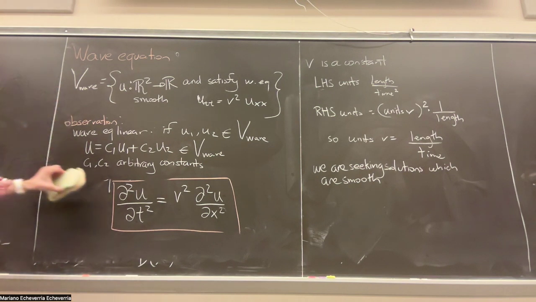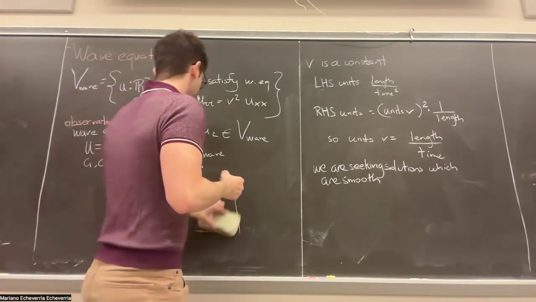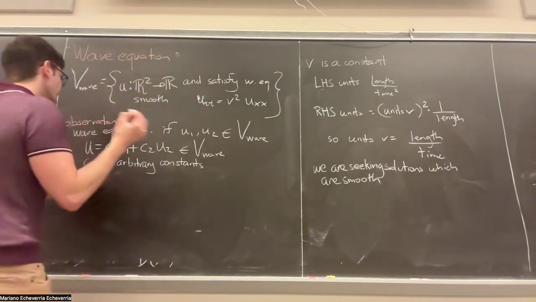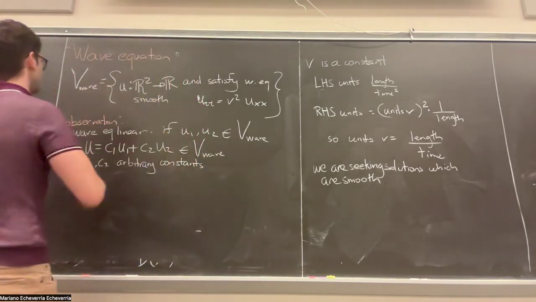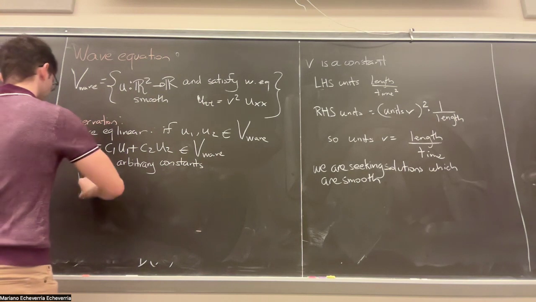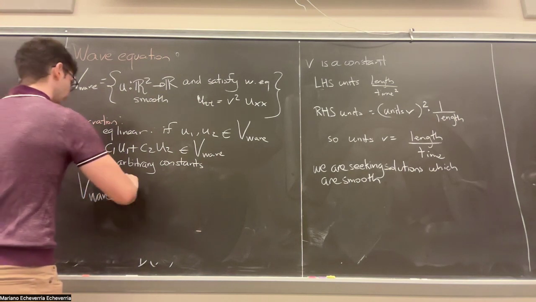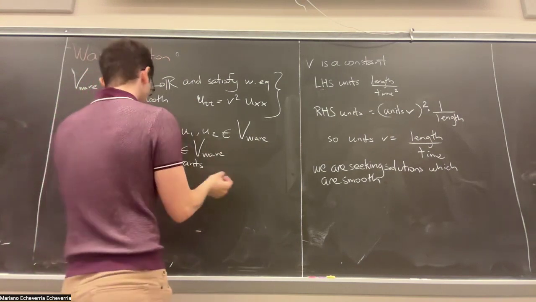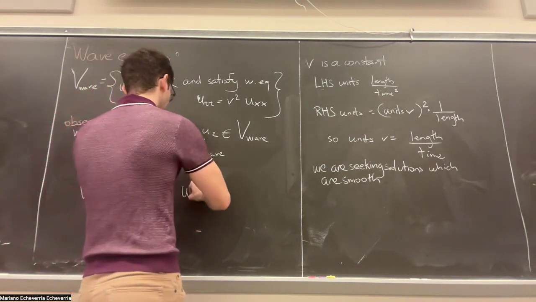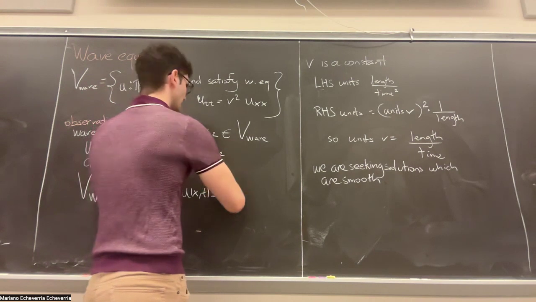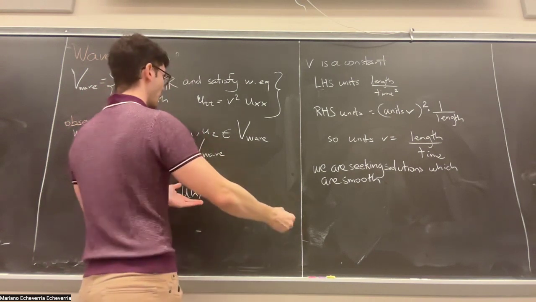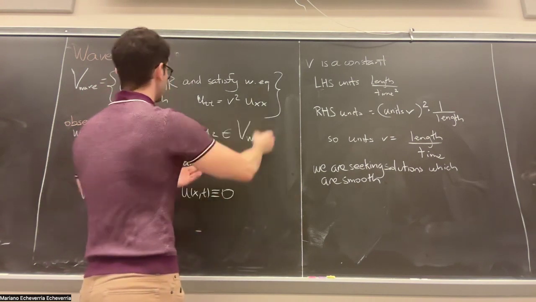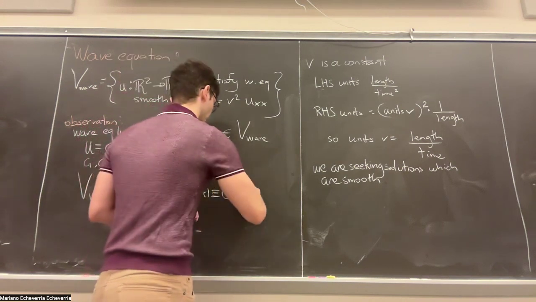So this set is non-empty, since u of x comma t equal to identically zero, zero for all values of x and t, does solve the wave equation.